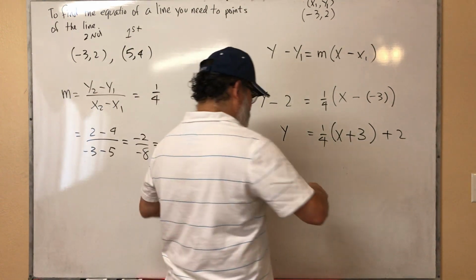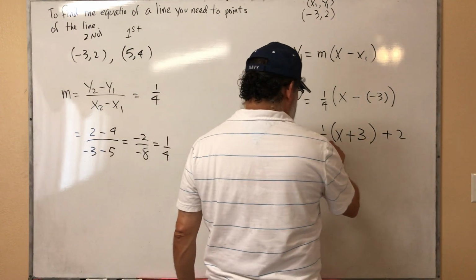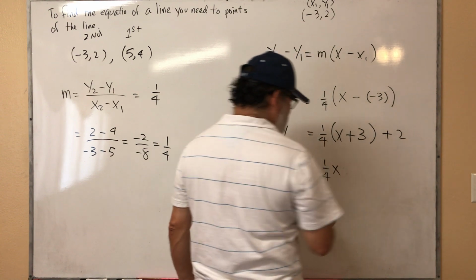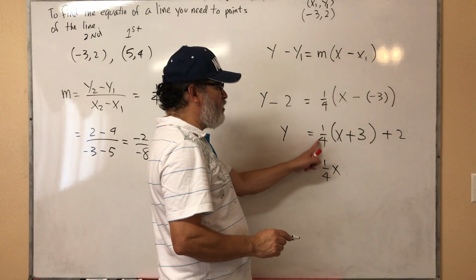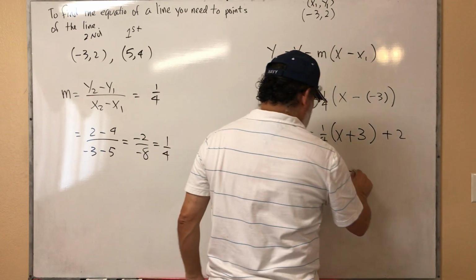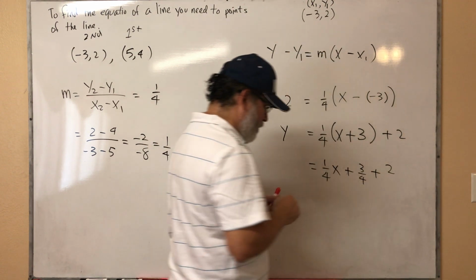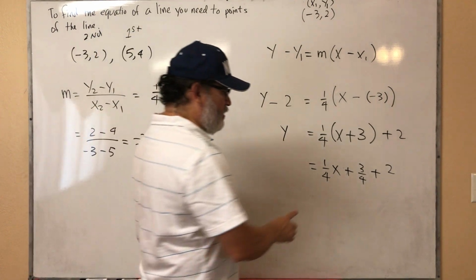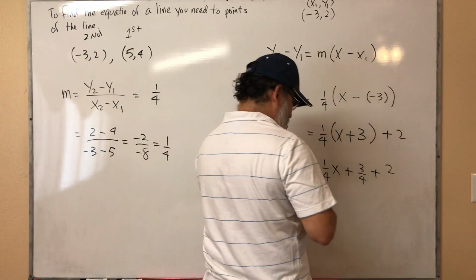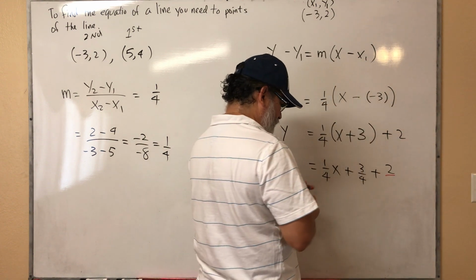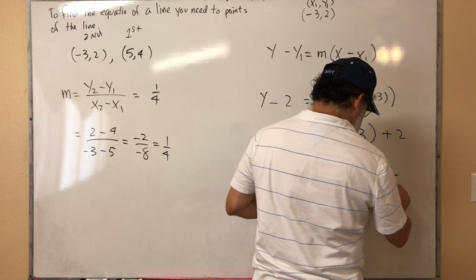Distribute. So this equals 1/4 x. And what's 1/4 times 3? Plus 3/4 plus 2. You have to combine this one and that one. To combine, this is over 1.